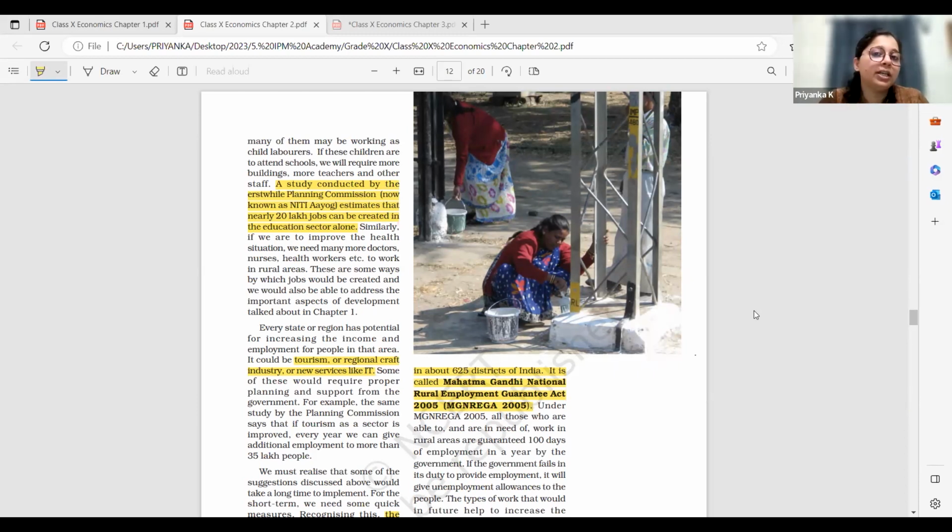Now, why do they do that? This is in a way helping them to evade tax, and they don't need to pay the basic salary or the minimum wages required for people working in the cleaning or housekeeping department.